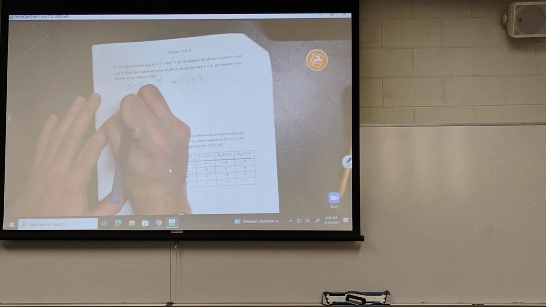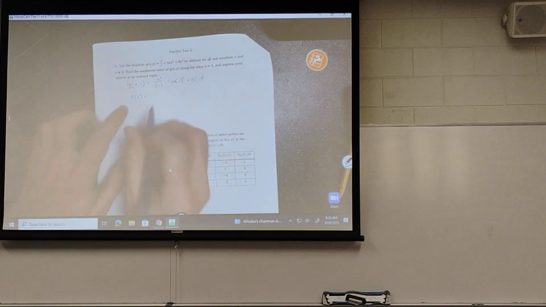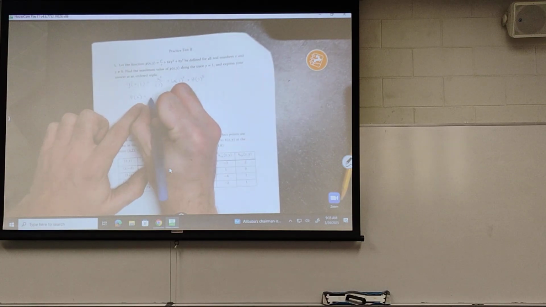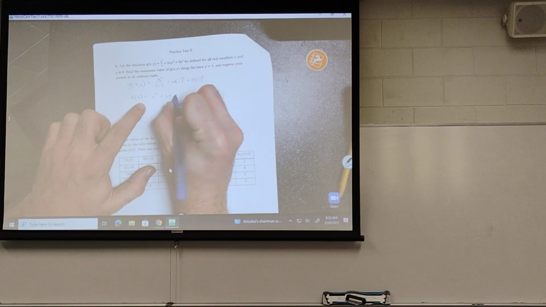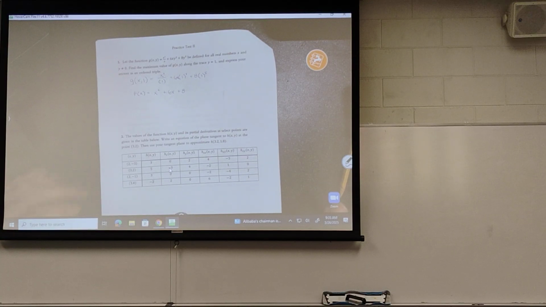While this is now a function of only one variable, I can call this f of x. Now it's just a single variable function: x squared plus 6x plus 8.